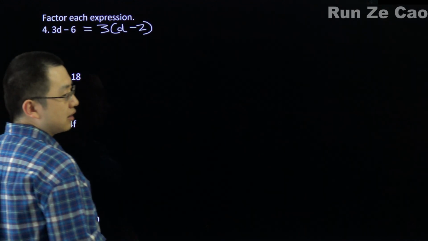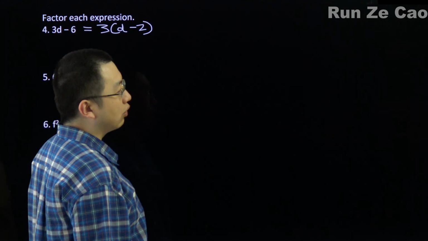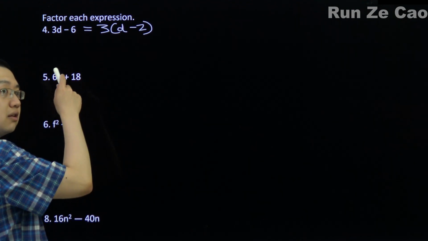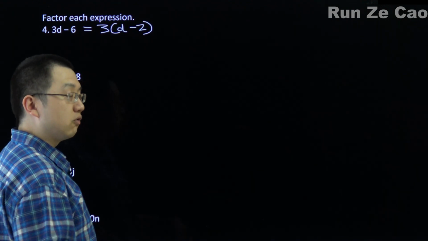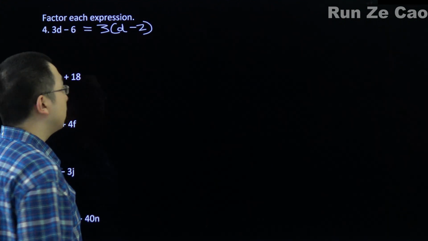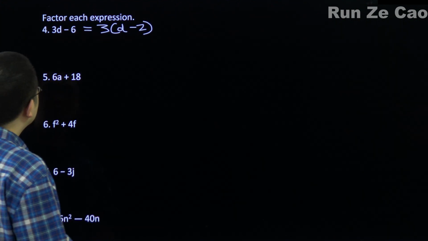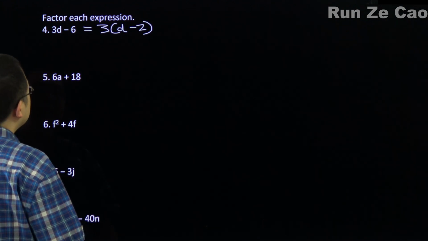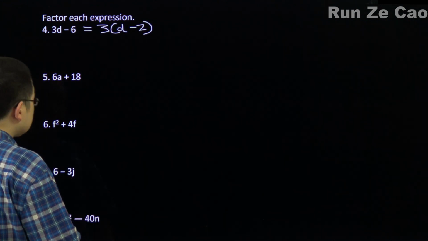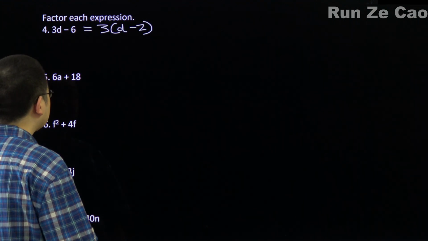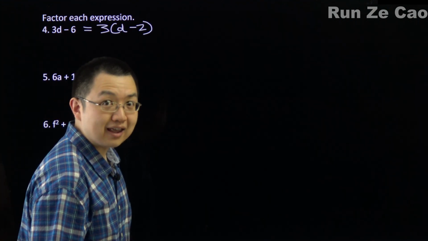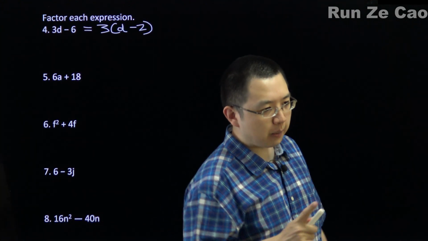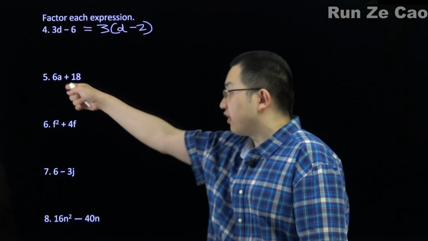Well, okay, if you say that let d equal some value, maybe. But as is, with just d being an unknown variable, no, there's no bigger option. All right, 6a plus 18. 6a is divisible by 6, and 18 is divisible by 6. The first choice you want to look at for greatest common factor is the coefficient of the variable.